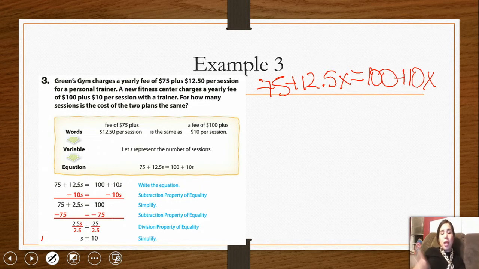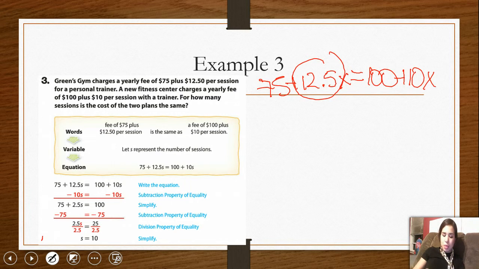From here, it's what we've been doing. In the other one, I got rid of the left side or the right, I don't remember. However, you decide if you want to get rid of the 12.5x first or the plus 75 first, you can do that, as long as you make sure that your equation remains balanced.